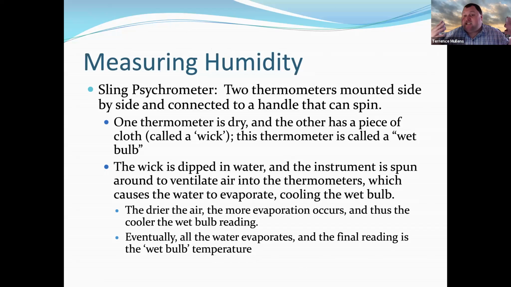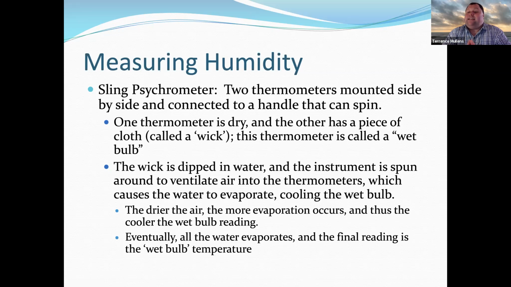That's why our bodies sweat. That's why sweat cools our bodies, because the sweat on our bodies evaporates and that cools it. So that little wick that was wet is now getting dry. In the process of it getting dry, the water on that wick is evaporating and that's causing cooling. So the temperature of that wet bulb is decreasing.